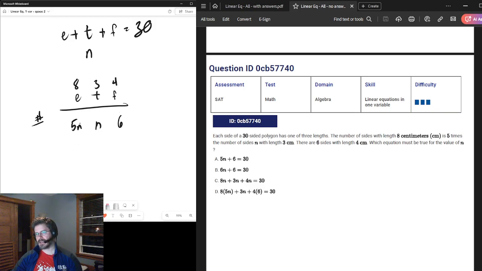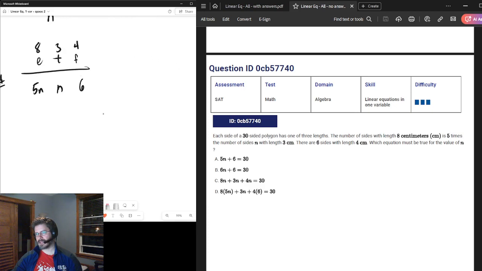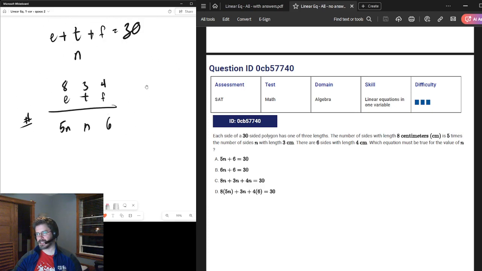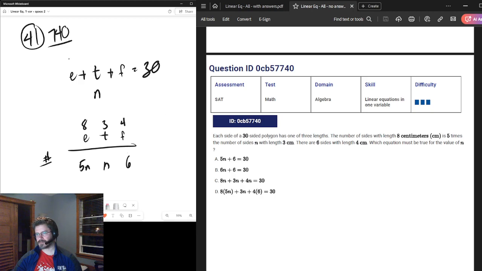So 5n, n, and 6 are the number of each of these lengths. In terms of n, we can write this expression: 5n plus n plus 6, which of course collapses to 6n plus 6, which is b.